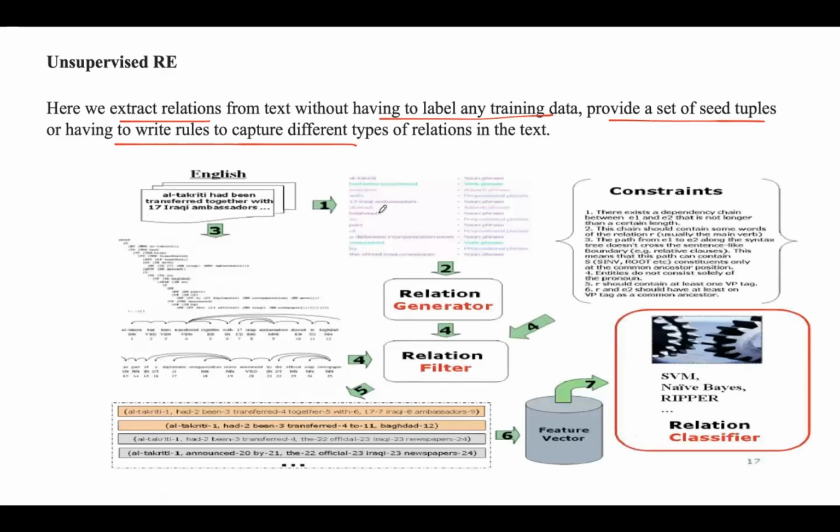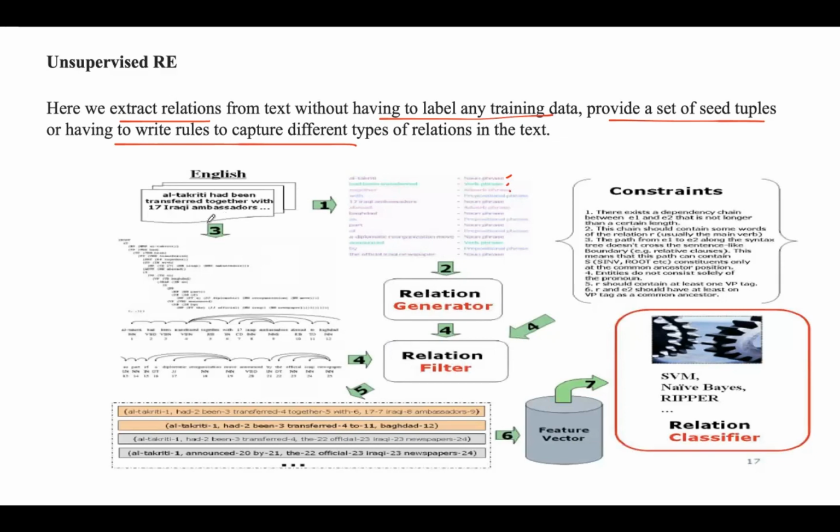If you take this one, this is the unlabeled text, and from it we generate different phrases. Here you can see we have noun phrases, verb phrases, adverb phrases, like that. For the words present in this text, we generate different phrases, and these should be provided as input to the relation generator.